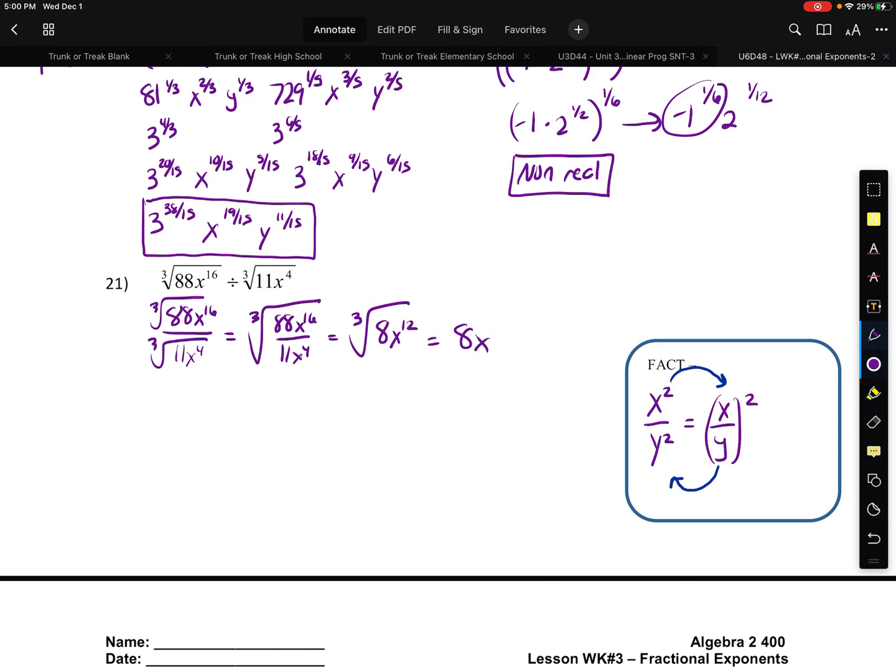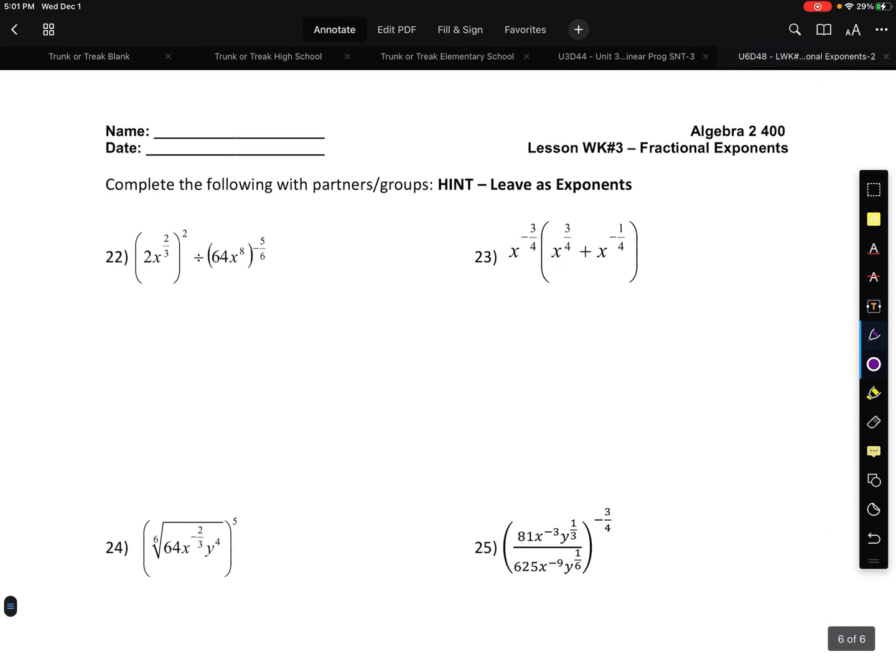And that root of 3 is actually a 1/3 power, which if I distribute that, 8 to the 1/3 is 2, 12 divided by 3 is 4, 2x to the 4th. All right, working through some of these.